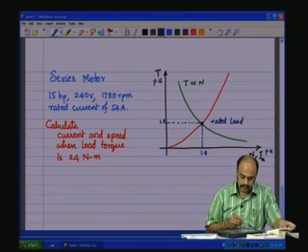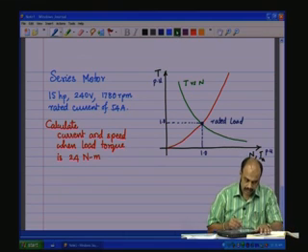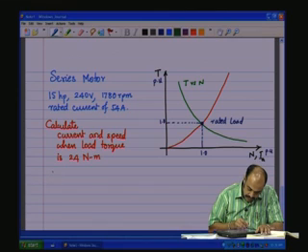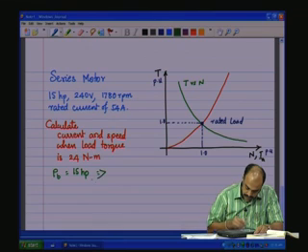So, now let us calculate the various things asked. Now, what is the power? The base power, we will call it PB, which is 15 HP, and let us convert it into watts, which is 15 into 746, which will be 11,190 watts.